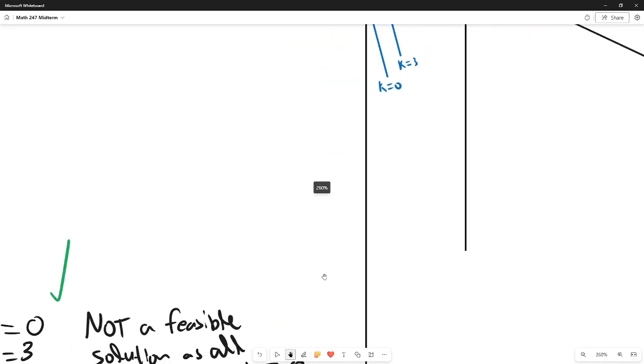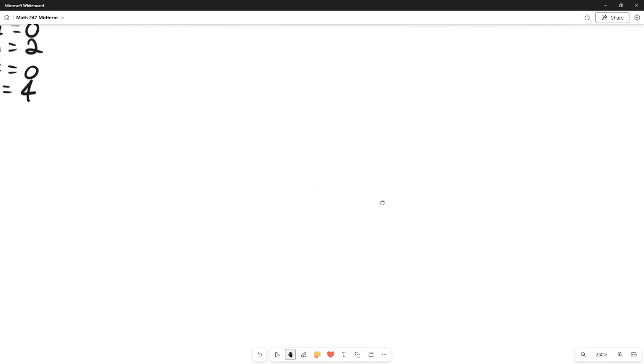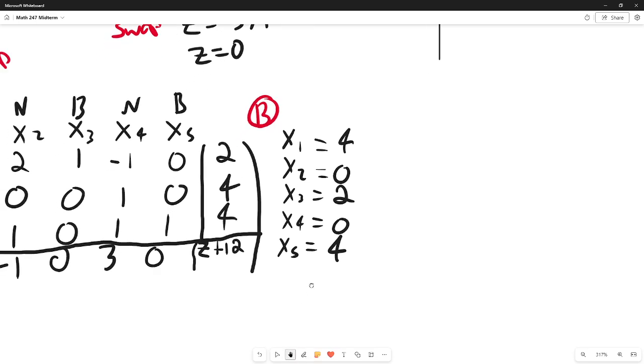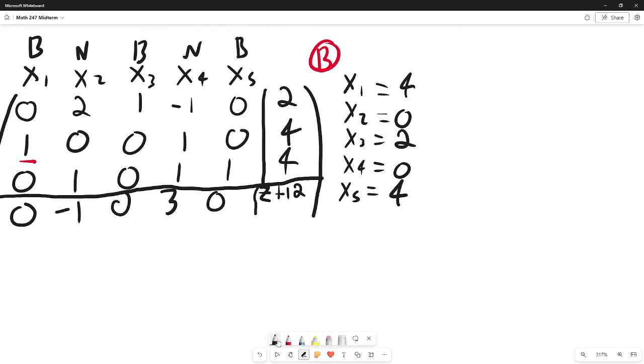Let's go down. Point B. Okay, and then we can see, what does B equate to?